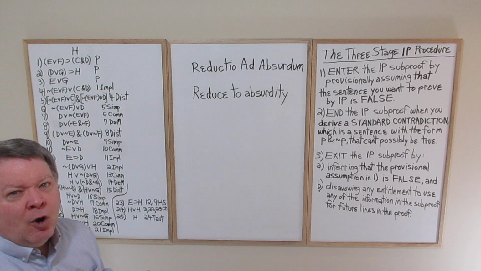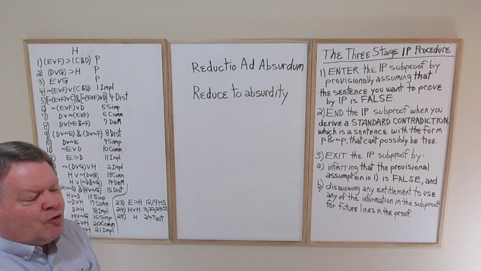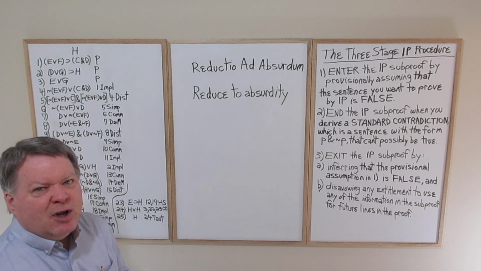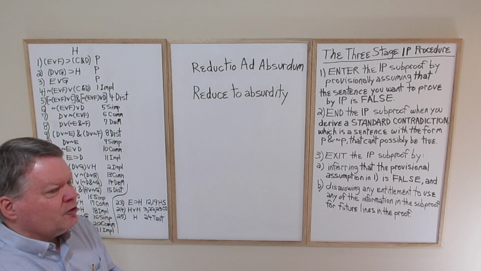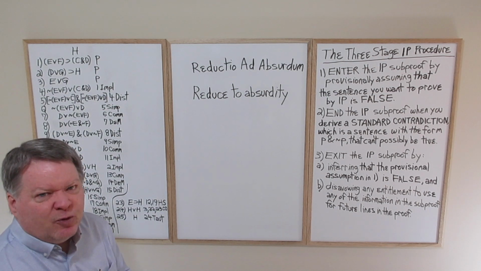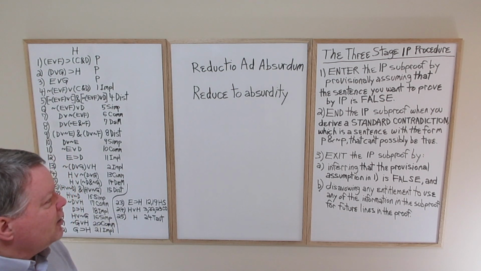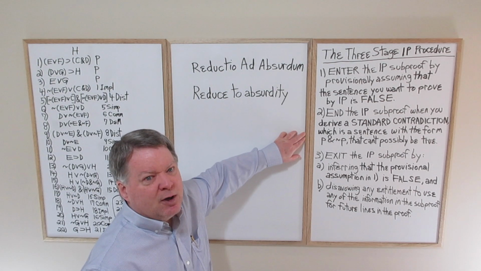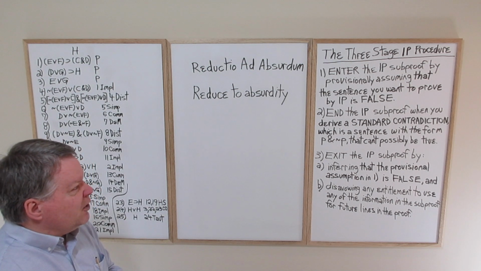IP procedure. What we're doing is demonstrating, well, look, it's not possible for my position to be false, because if it were false, then impossible things would have to exist or obtain. Namely, a particular standard contradiction which can't possibly be true would have to be true.